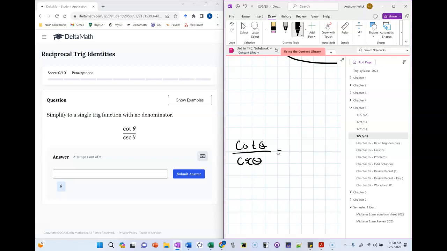Tangent is equal to 1 over cotangent, but I don't have a tangent here, right? I want to look for something that's turning a cotangent into something with a cosecant in it, or something that's turning a cosecant into something with a cotangent in it.